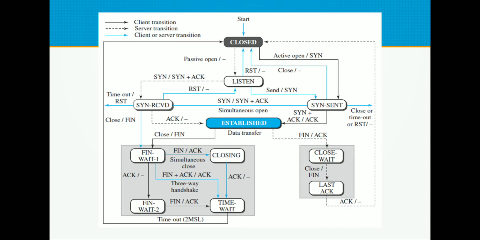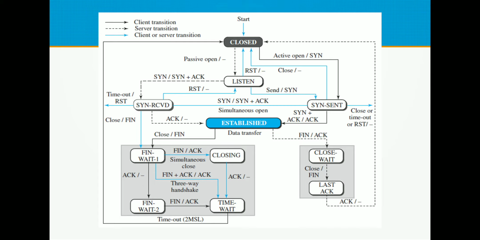And on each arrow we see two strings separated by a slash. For example, from the closed state, if the client wants to move to the SYN-SENT state, it uses this directed line.